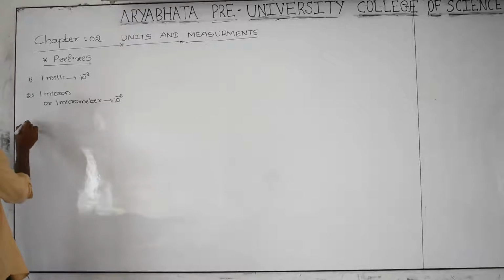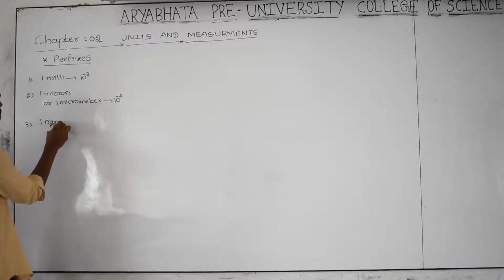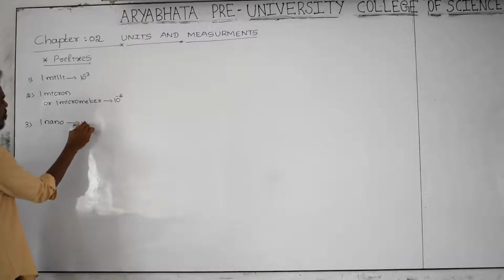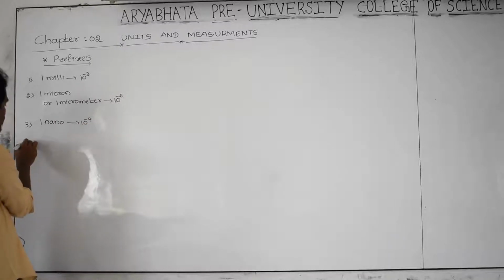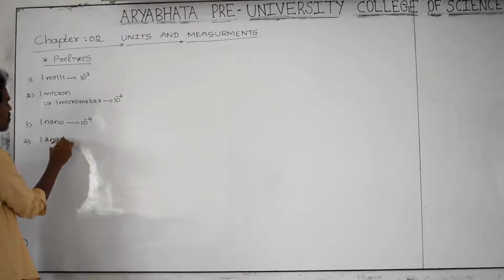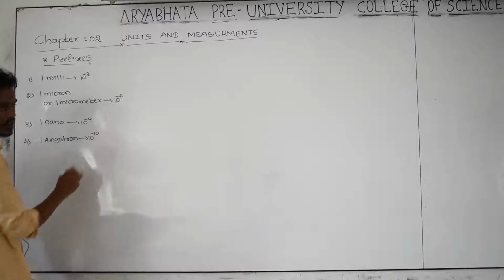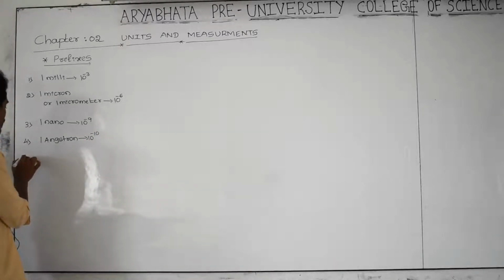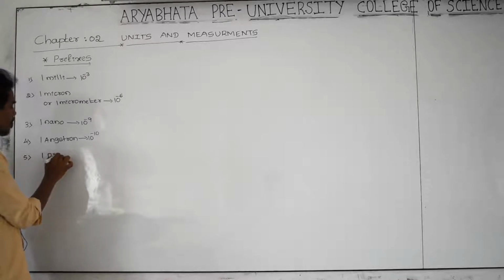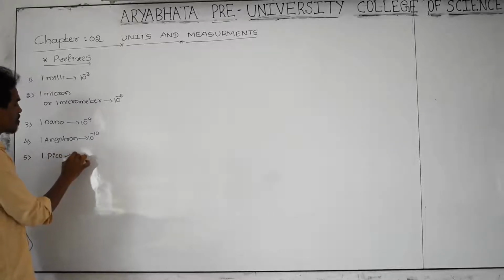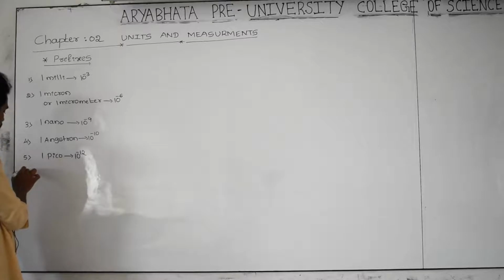Going to the third one, 1 nano, that is 10 to the power of minus 9. The fourth one, 1 angstrom, is 10 to the power of minus 10. And the fifth one, 1 pico, means 10 to the power of minus 12.